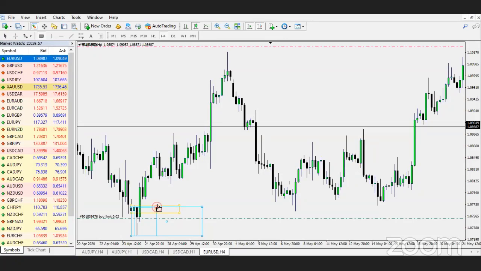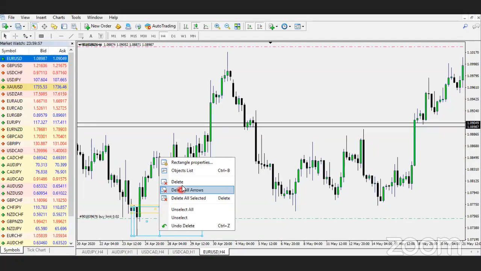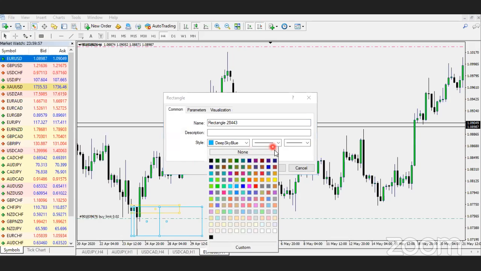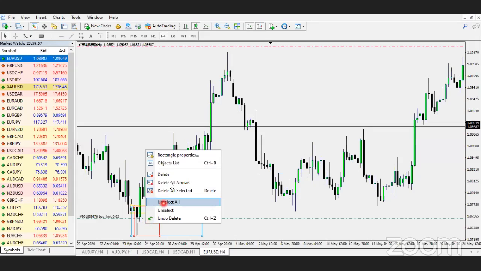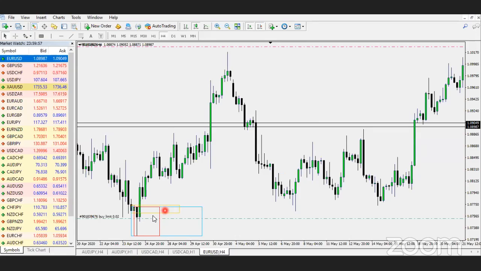Here is the order block, created right there. So inside our breaker, inside our source is an order block created.